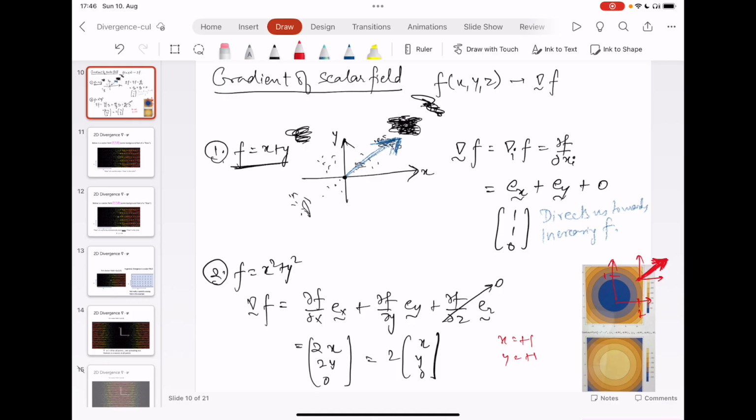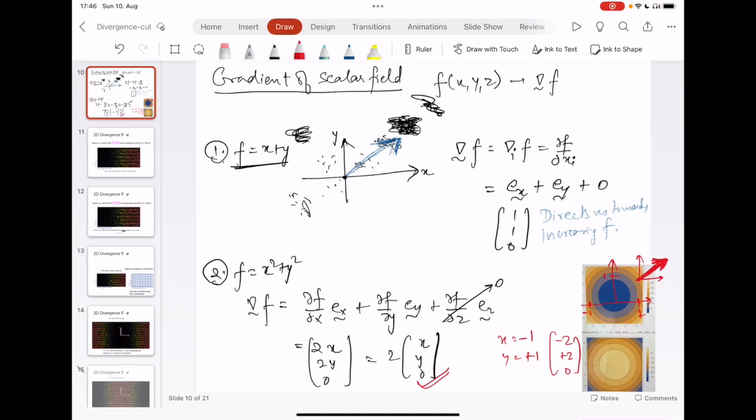So let's check at any other location. If you were to measure this vector at x equals -1, y equals +1, then your vector would be -2, +2, 0. So you would be somewhere here.